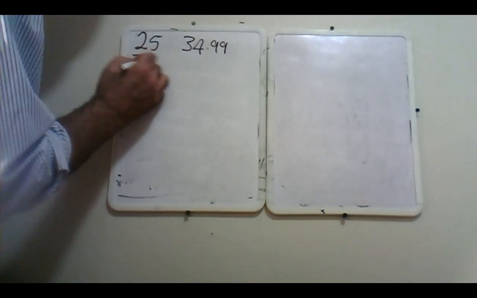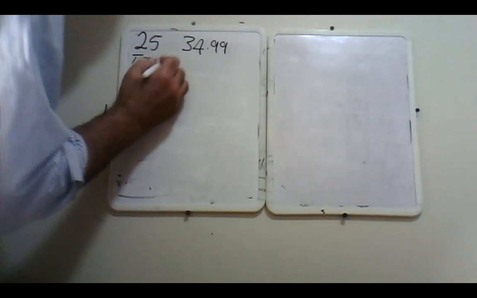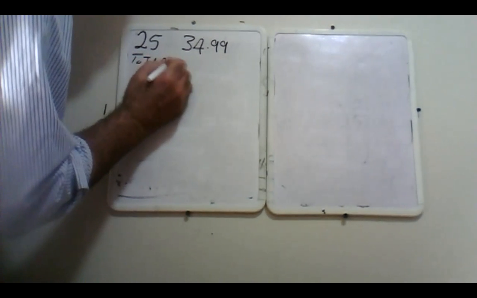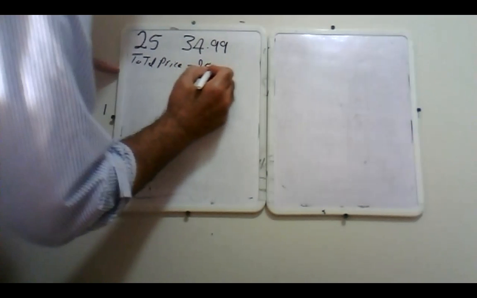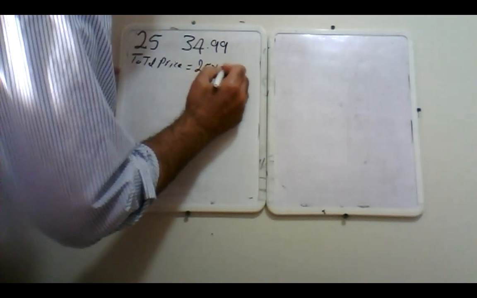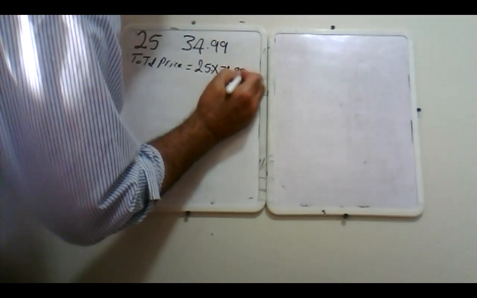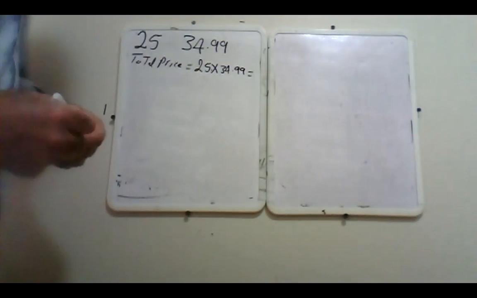We said now this is 25, 34.99. So I will say the total cost, or total price, will be 25 multiplied by 34.99. Okay.